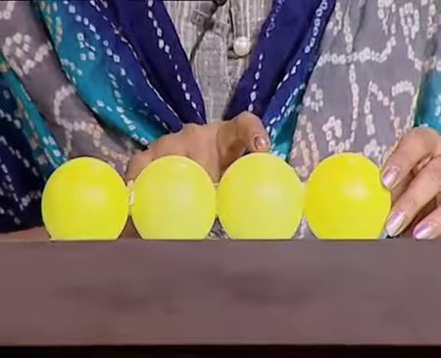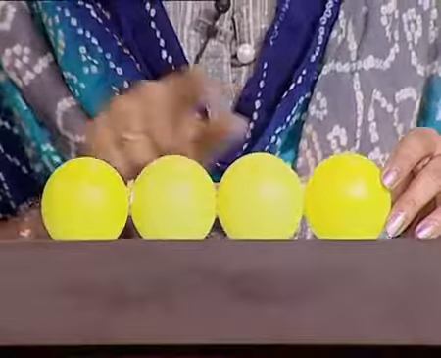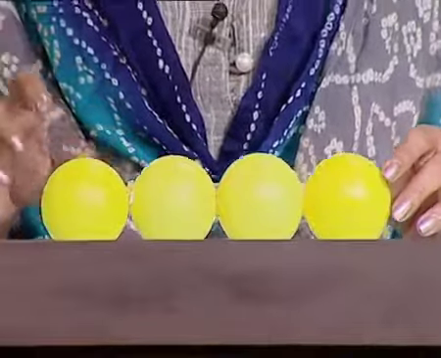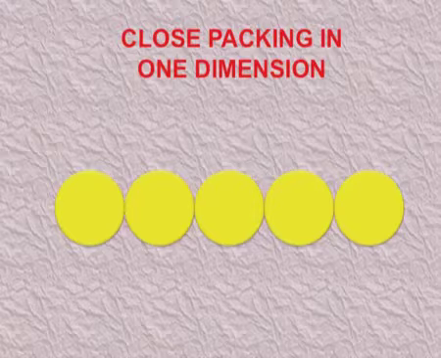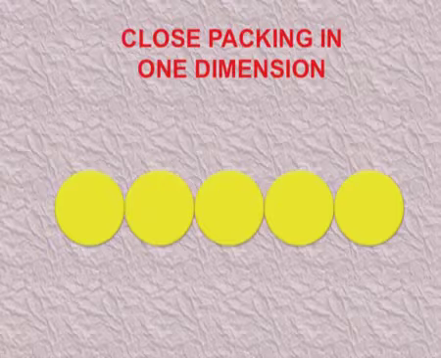Here its coordination number is 2 because it is touching these two atoms. So, in the single dimension or the one dimension packing, coordination number is 2. You can see the packing in one dimension. The atoms are arranged in one row.